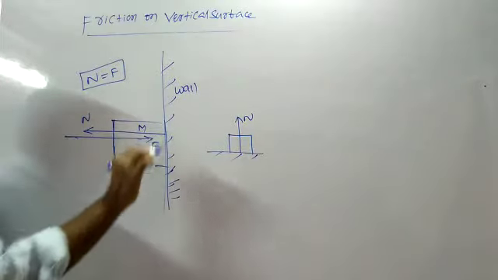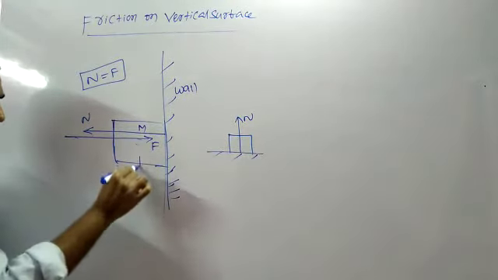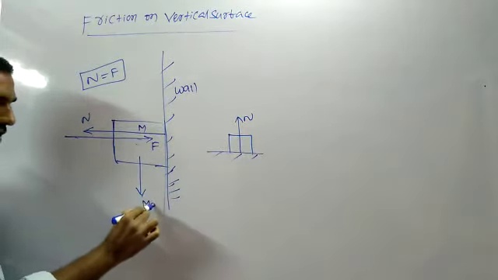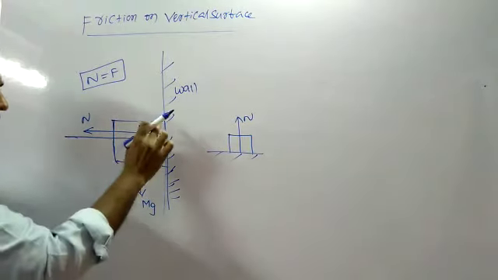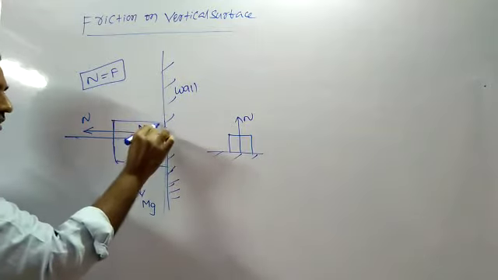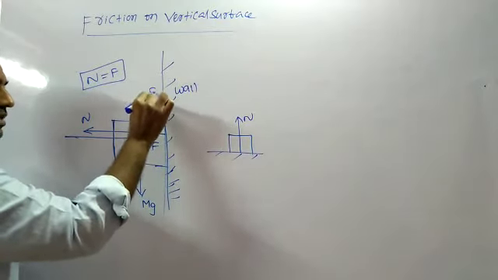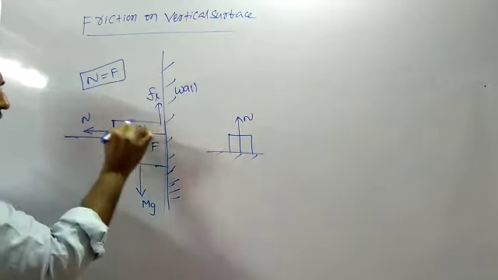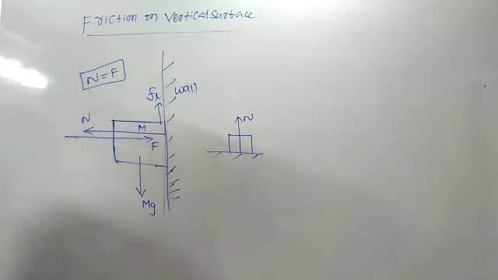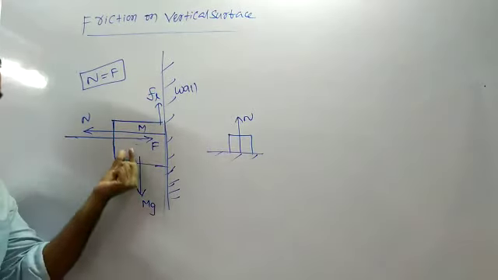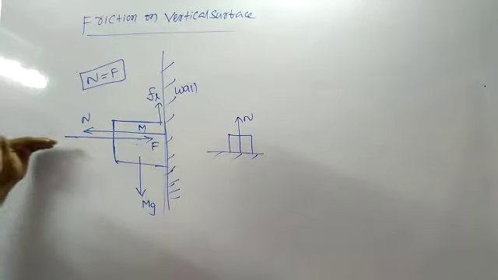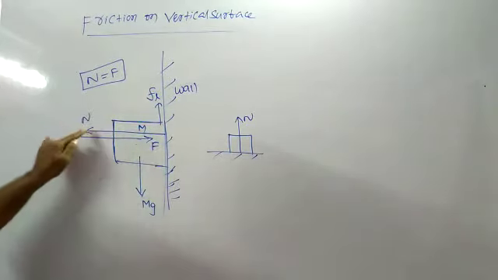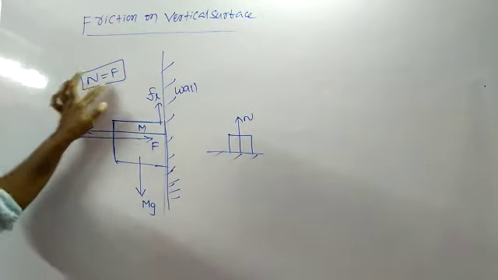What are the remaining forces on this block? The weight of the block, mg, acts vertically downwards. Between the wall and the block, the frictional force acts vertically upwards. The block is not moving along the horizontal because the normal reaction and applied force balance each other.